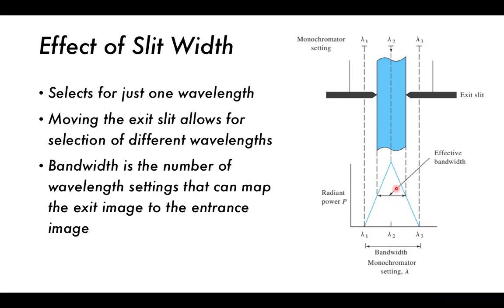If we choose the effective bandwidth, we're only really getting wavelength number 2. We're cutting out wavelength number 1 and wavelength number 3. However, if we were to widen the slit, we could end up getting a little bit of leakage of wavelength 1 and wavelength 3 coming out. So it's important that we know the effective bandwidth and choose our exit slit width dependent on that.